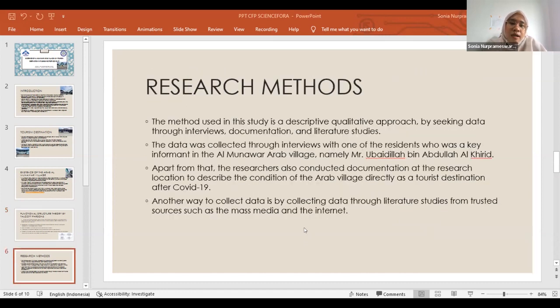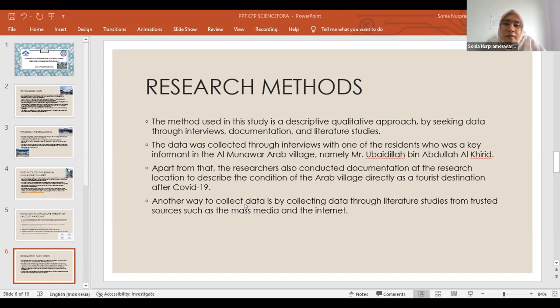The research method in this study is a descriptive qualitative approach, seeking data through interviews, documentation, and literature studies. For the interviews, I interviewed Mr. Ubaidillah bin Abdullah Al-Khirid, who is a key informant for this research.